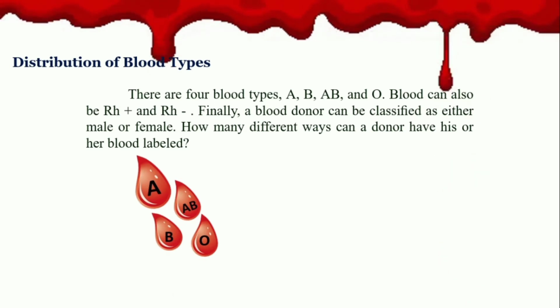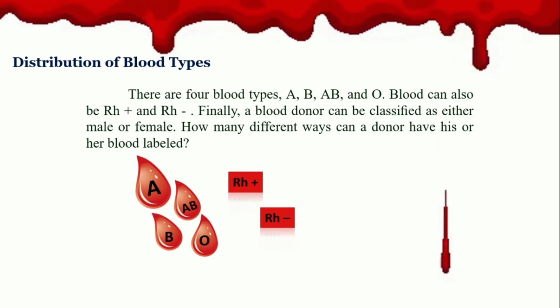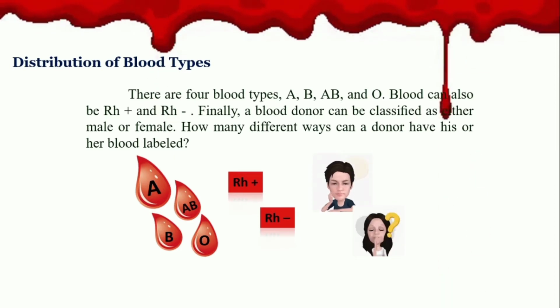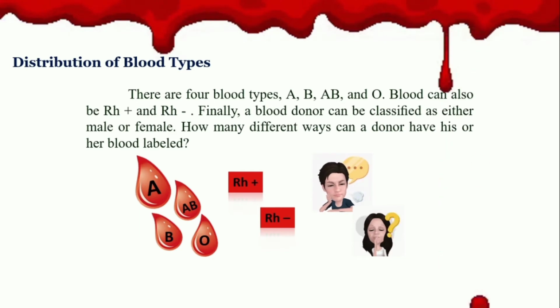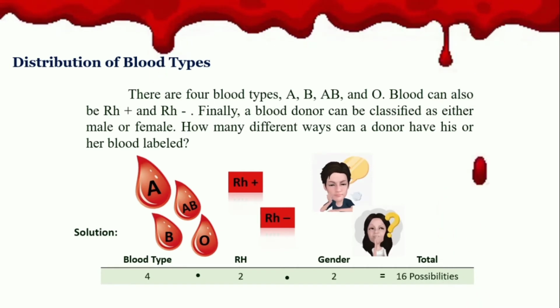Since there are 4 possibilities for blood types A, B, AB, and O, and 2 possibilities for Rh factor, which are positive or negative, and 2 possibilities for the gender of the donor, either male or female, we multiply 4, 2, and another 2, resulting in 16 possibilities.